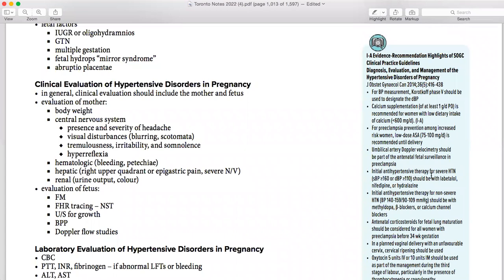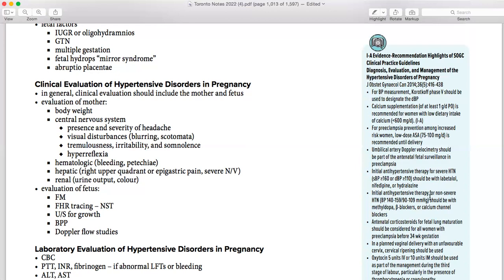Initial antihypertensive for severe hypertension is to be given. What is started with? Labetalol, nifedipine, hydralazine, mostly started with labetalol. You can start with oral, or maybe you can start with IV, whatever is needed. If that particular patient can tolerate oral, why not oral? If she cannot take oral and she is having vomiting and stuff like that, then you can start with IV.